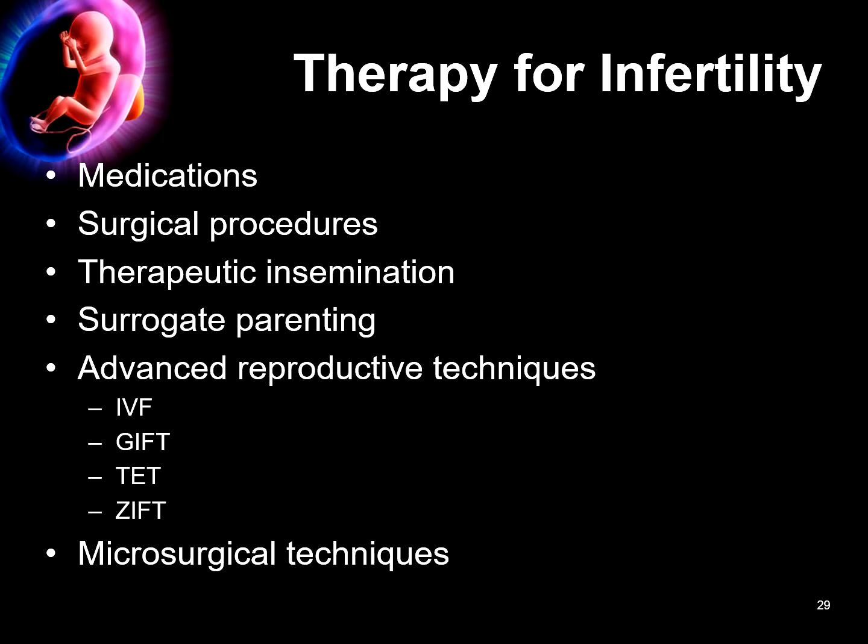In vitro fertilization can be used with the female partner of the couple. GIFT can be used, TET can be used, and ZIFT can be used. And then there are microsurgical techniques that augment and facilitate the successful pregnancy.